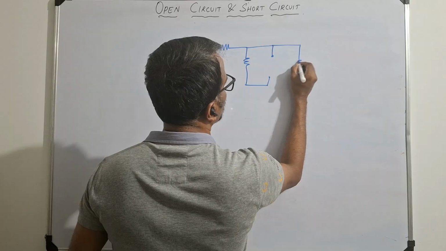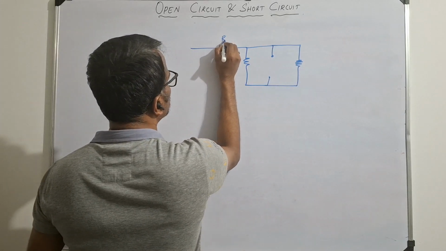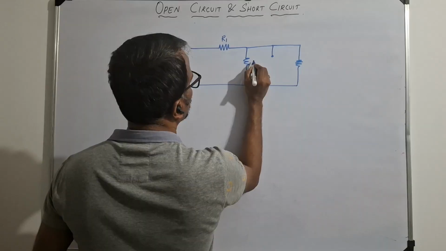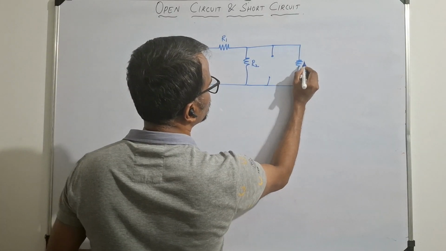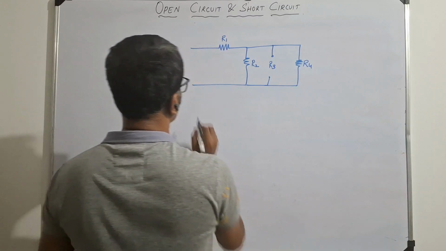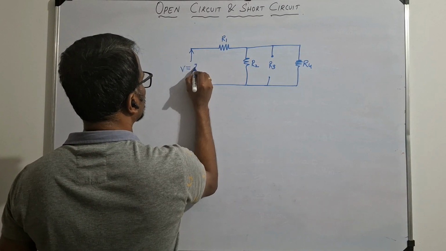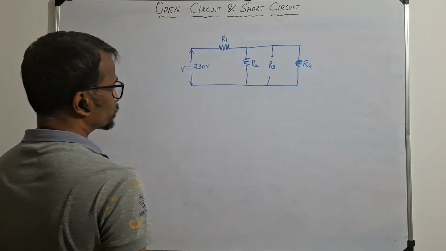Then again we have a parallel resistance. Assume these resistances are R1, R2, and R3 or R4. The voltage across this, we can take as 230 volt.